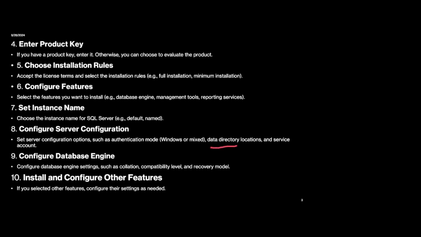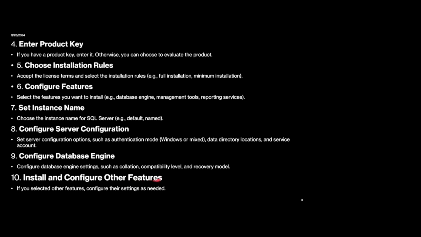You need to select that. Data directory location: where you want to save your data, you have to select that location. And service account, then configure the Database Engine settings such as the collation, compatibility level, and recovery model.